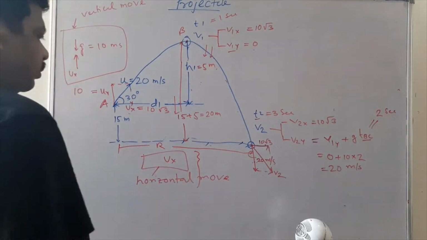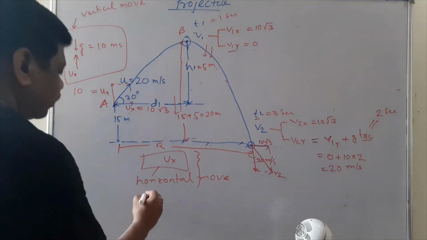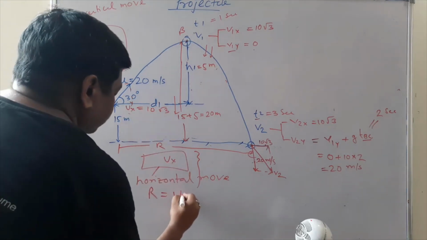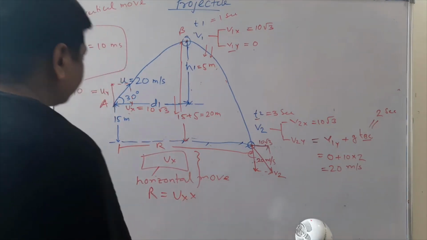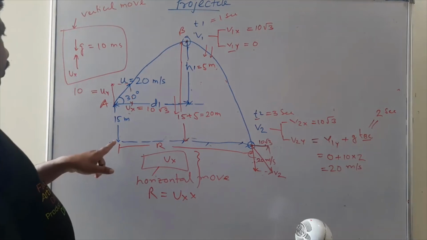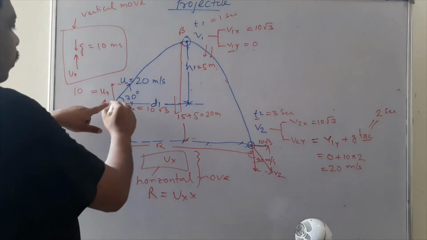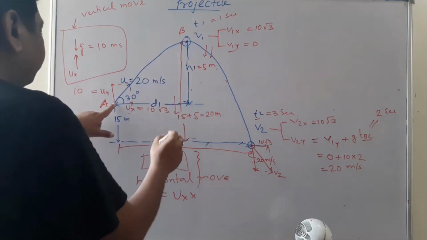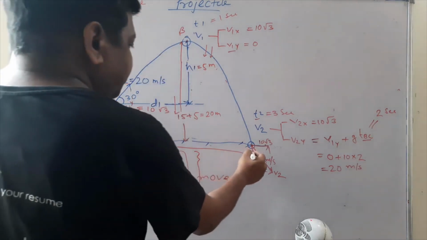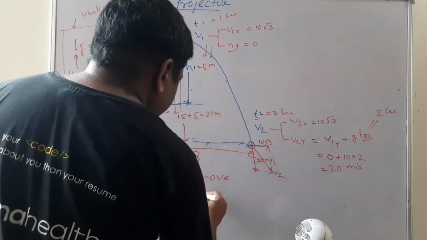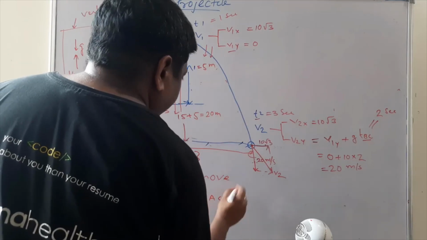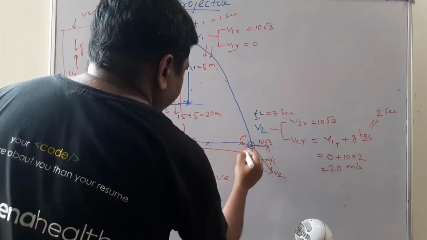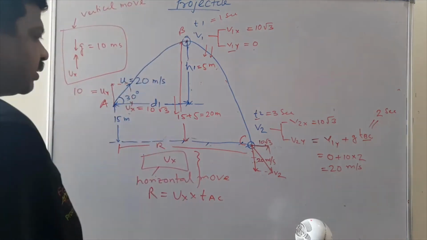So this is equal to ux into the time required, the time required to travel the ball from point A to point C, so TAC.